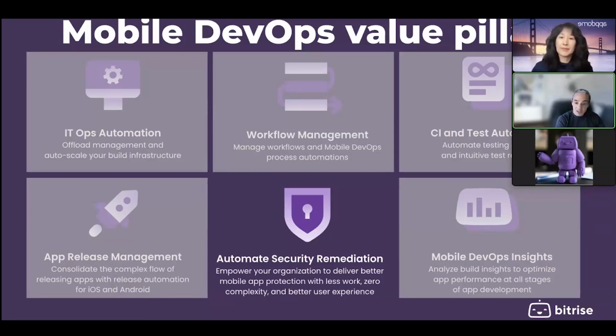But today, the primary value pillar that we want to cover is automating security remediation. That's really where our partnership with Appdome comes in. Karen, if you want to mention a few words about that. Yes, thank you. We are very excited because this security remediation is unique and different from other security partnerships Bitrise has and other security tools that organizations have.